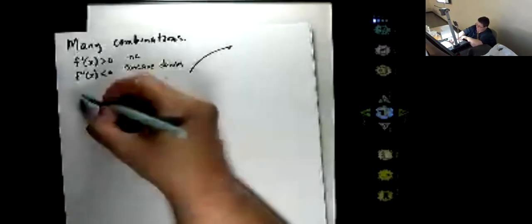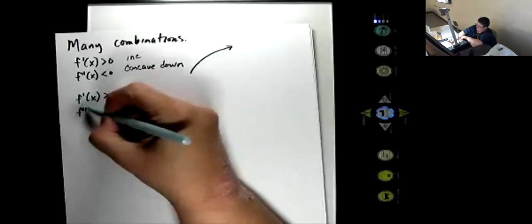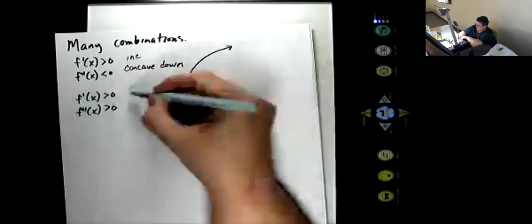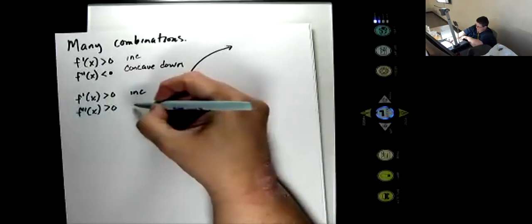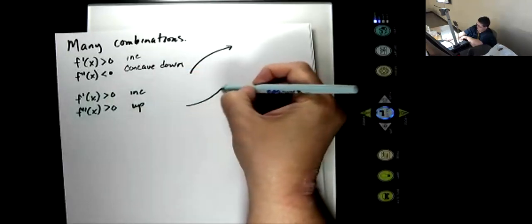And then if f prime of x is increasing, but f double prime is also increasing, so we've got increasing and up, it's got to be looking like that.